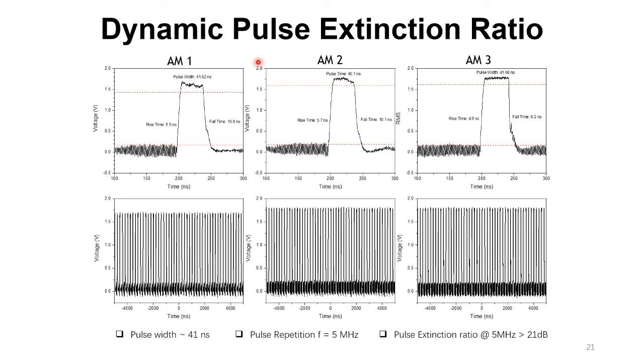The picture above shows the pulse width from the output of the amplitude modulator is around 41 nanoseconds, and the rest time is around 5 nanoseconds. The pictures below show identical and stable loud pulses can be generated over a long time. The dynamic pulse extinction ratio at 5 MHz repetition is larger than 21 dB.